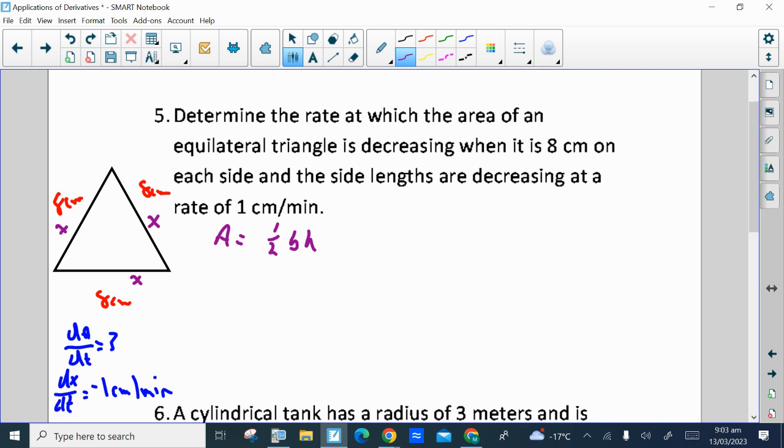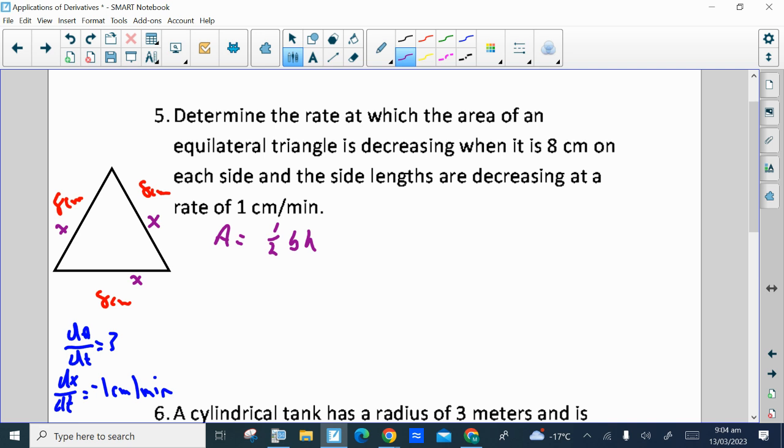So we've got that. However, we don't have anything involving h, the height. We're not given the rate of change of h with respect to time either. So we cannot have h in our equation when we go to differentiate, because we're not given any information about h. We're not asked to find any information about h. So that tells us that we have to write h in terms of the same variable that b is written in, the base. And b, the base, will be x. That's the base of the triangle.